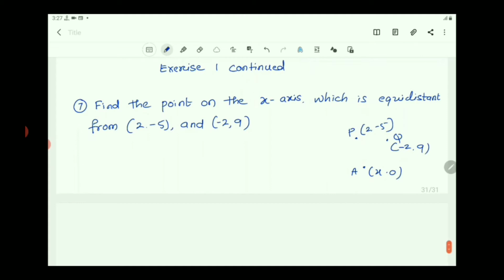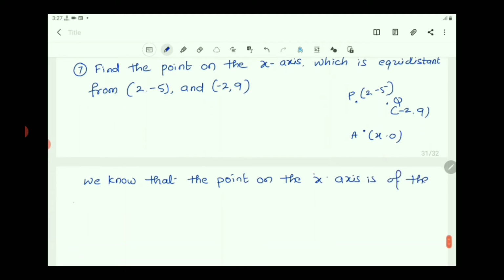We know that the point on the x-axis is of the form (x, 0).